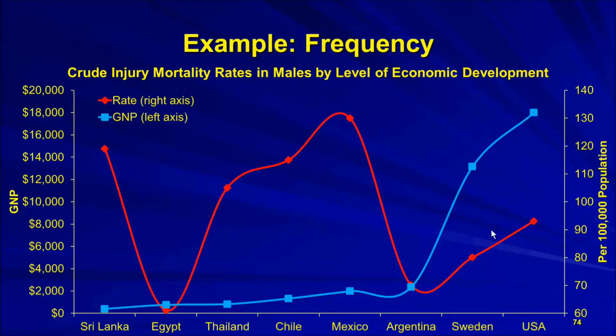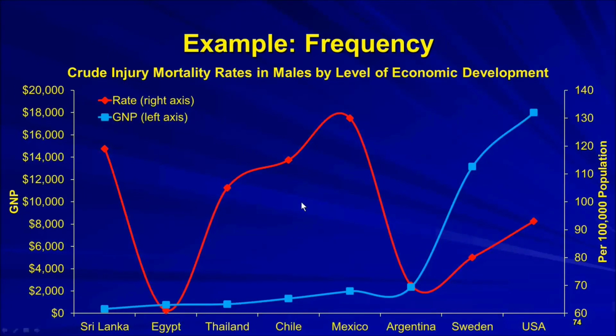Now, here's an example of frequency. We're looking at crude injury mortality rates in males by level of economic development. You can see this is gross national product, and you can see the countries across the way. When you look at the rate, you're going to draw some conclusions. What are you going to draw conclusions about in terms of crude injury mortality?